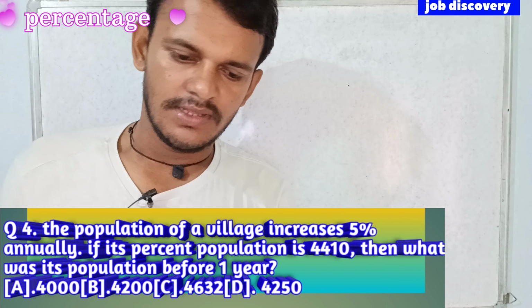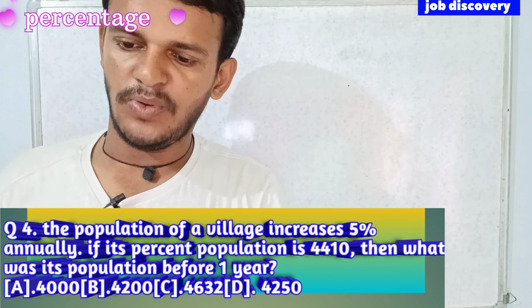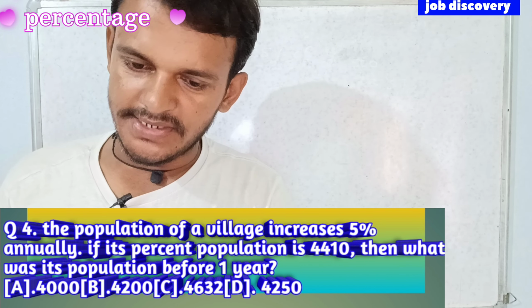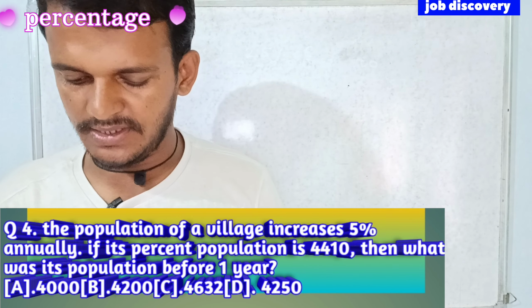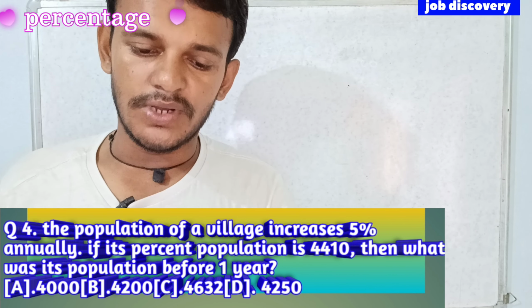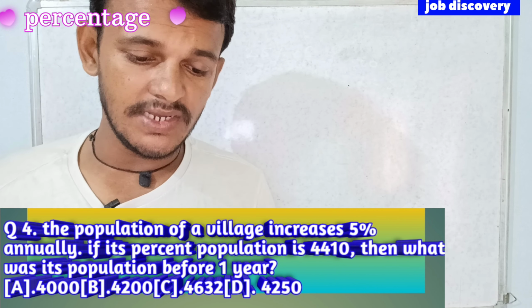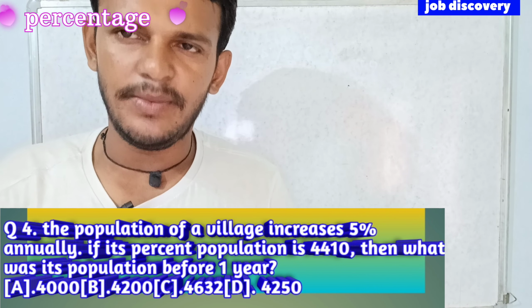Question number 4. The population of a village increases 5% annually. If its present population is 4,410, then what was it before 1 year? We have 4 options. Option A is 4,000, option B is 4,200, option C is 4,632, option D is 4,250.